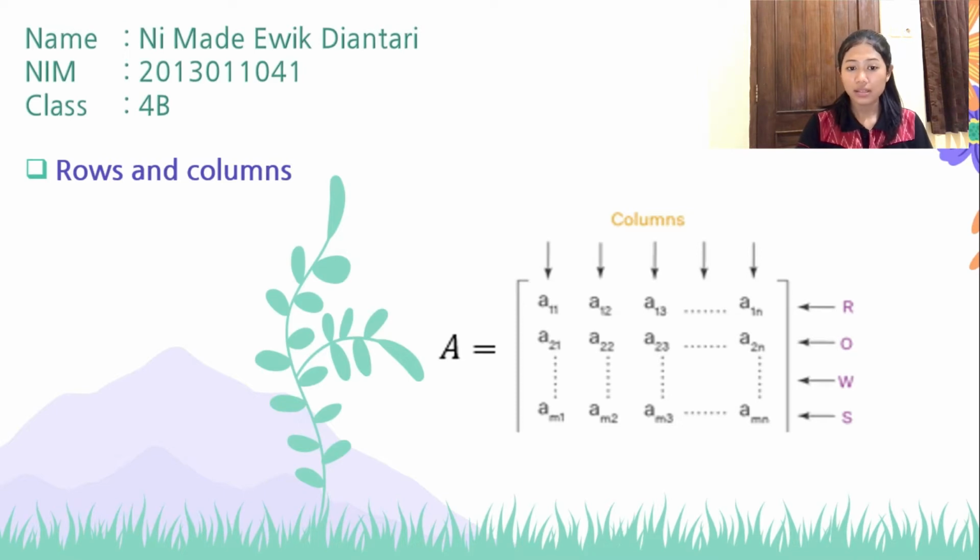This horizontal line is called the row of this matrix. And next, in vertical we have A11, A21, up to Am1, which is called the column of this matrix.